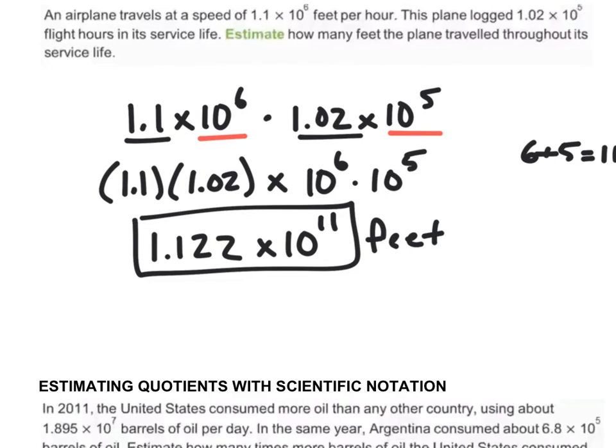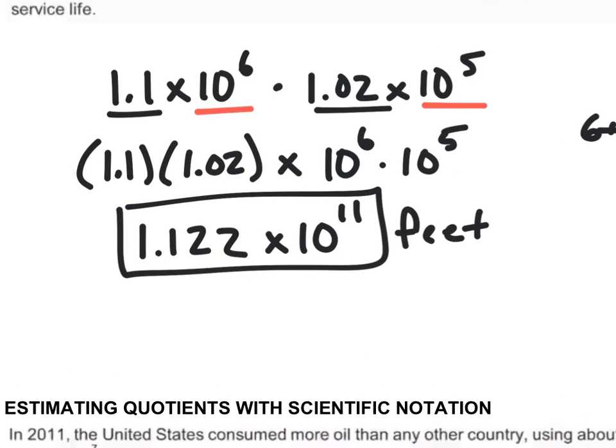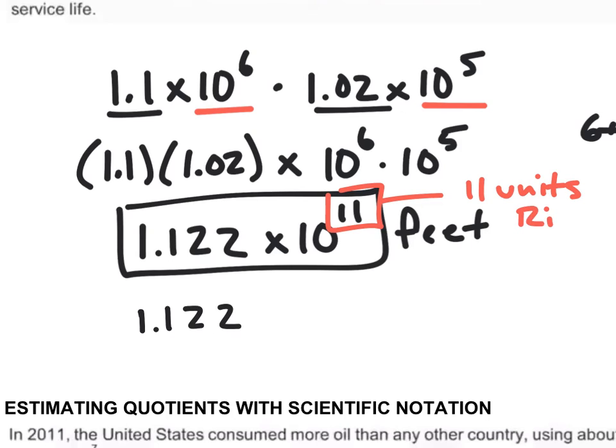Now let's think about this. If I wanted to change this into standard notation, I would take 1.122 and move my decimal place 11 units right. Okay, and so watch what I do here. I'm going to go 1, 2, 3, 4, 5, 6, 7, 8, 9, 10, 11, and put my decimal place.